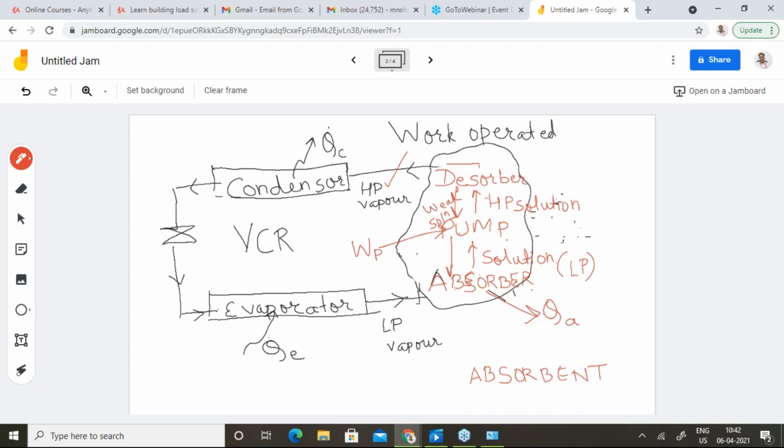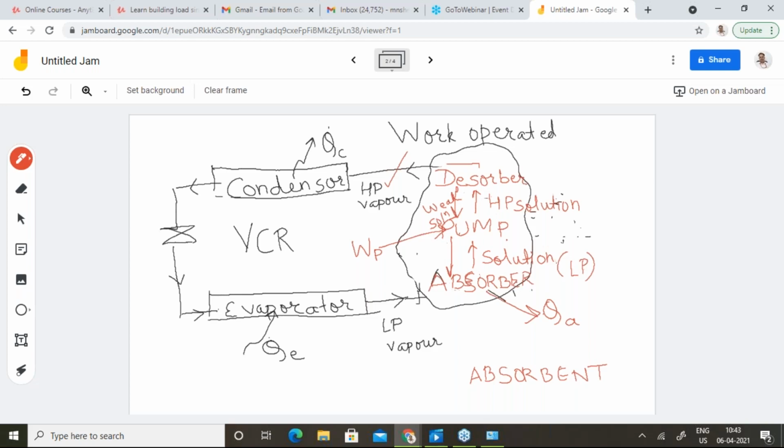Now look at these three components and let us think how they are replacing the compressor. What does the compressor do in the conventional technology? In the mechanical compression system, the compressor takes the low pressure vapor and converts it into high pressure vapor. So if we look at the system which I had drawn, comprising the absorber, pump and desorber, what does this system in total do?